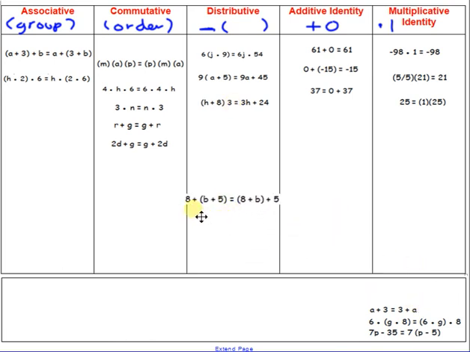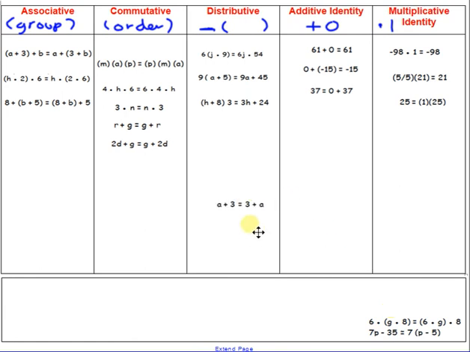So here we have 8 + (b + 5) = (8 + b) + 5. Say that 5 times fast. Okay. Now what's interesting here is that it's 8, b, 5, 8, b, 5. So they're in the same order, they're just being grouped differently with parentheses. So that's going to be associative.